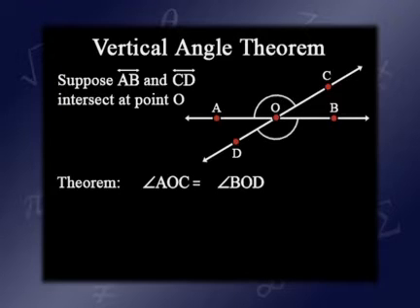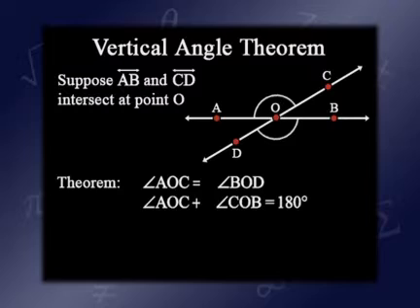All right, let's prove that. We'll prove that by taking a look at some of those smaller angles. If you look at the line AB, we know that the measurement of the line that goes from A to B is 180 degrees. That means that angle AOC plus angle COB have to sum to 180 degrees.